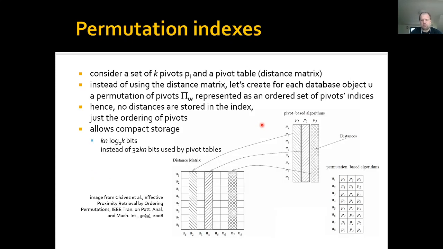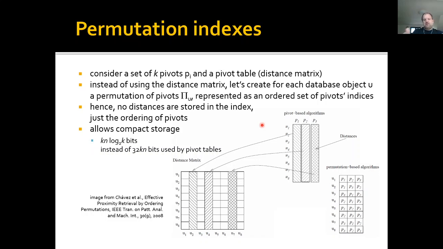And last, what I want to say is permutation indexes, which is a very interesting, completely different approach, but it comes out of the concept of pivot tables. We already saw pivot tables, which is just a distance matrix of distances between the objects and pivots, but it takes a lot of space because there are real numbers in the matrix.